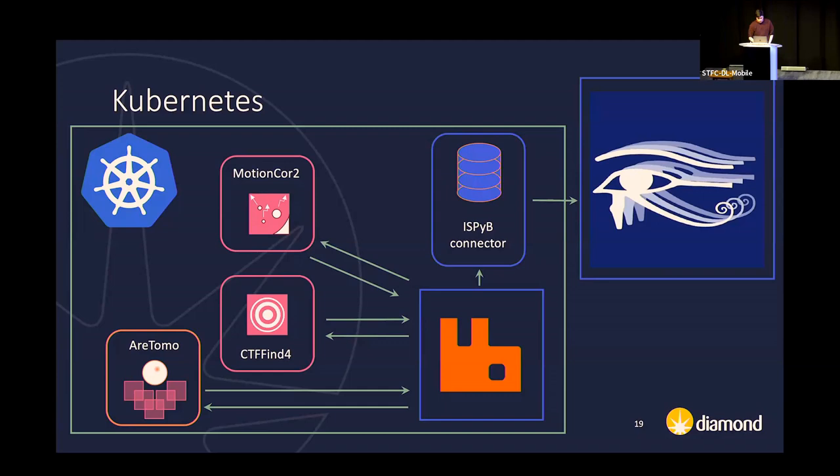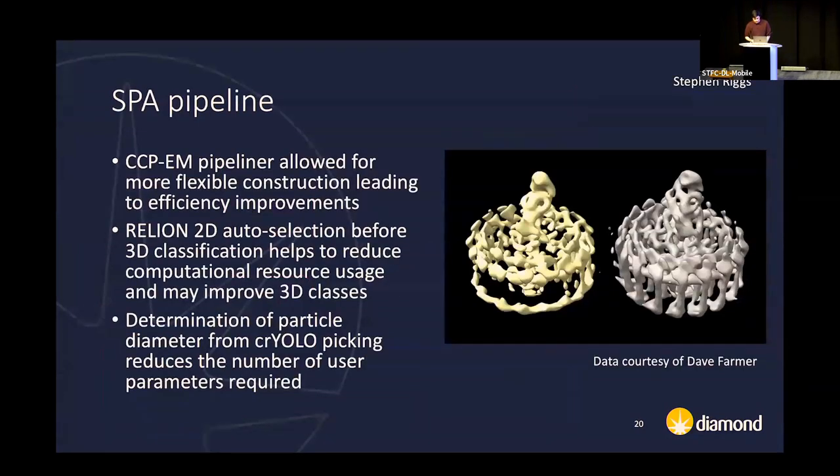So now just a quick thing about some slightly different work, trying to develop a SPA pipeline, which Matt mentioned has been rewritten in the CCP-EM pipeliner. The flexibility of that allowed us to make some quite significant efficiency improvements in terms of our cluster resource usage. Stephen, who's recently joined the data analysis team, has been working on some extensions to this pipeline.